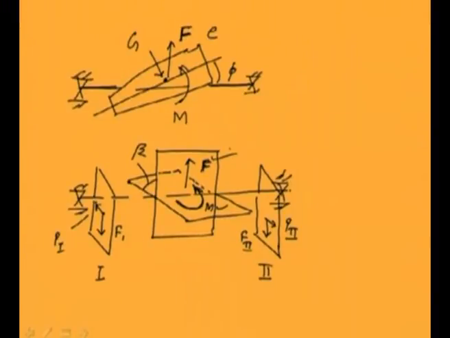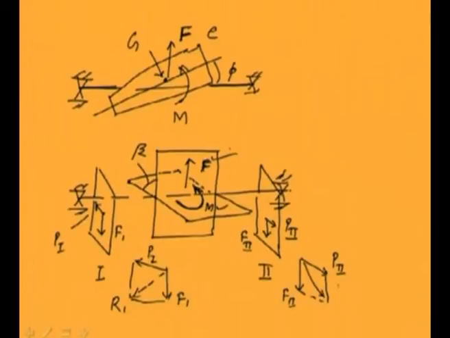So you can see that in plane 1 we have two forces, F1 acting downward and P1 acting at some other angle. The resultant of this can be obtained, and similarly for the second plane, P2 and F2 are there, so we can obtain the resultant R2. So R1 and R2 are now correction masses.